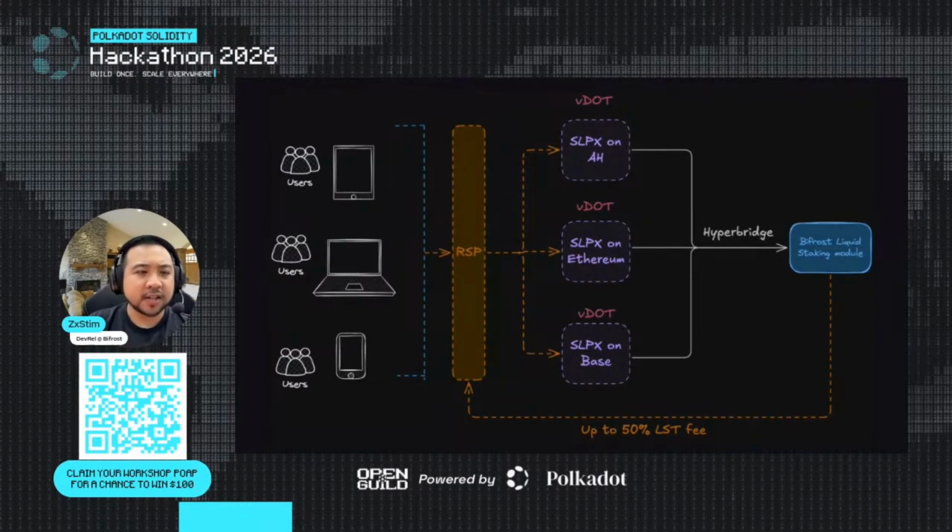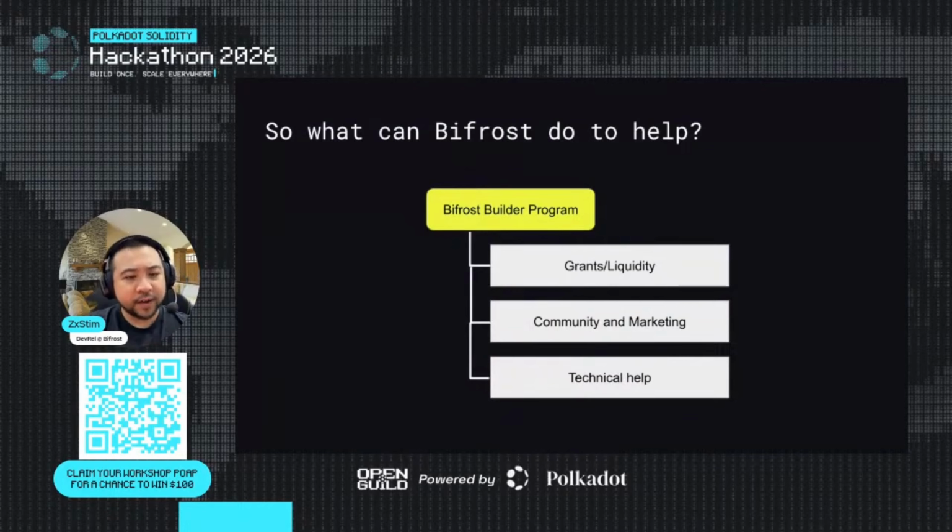And not just that, we also will give you some help. We have a Bifrost Builder program, which will provide you with grants and liquidity. Say you build your front end and everything is ready, and you want to launch. If you want an easier start, you can start a rewards program to attract people to you.